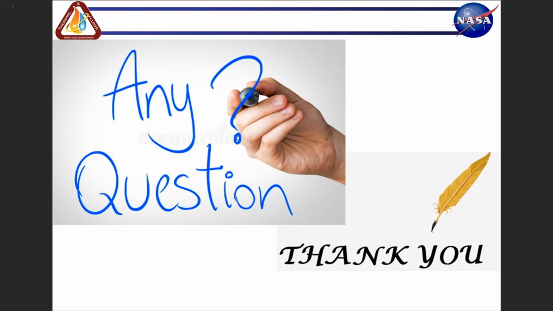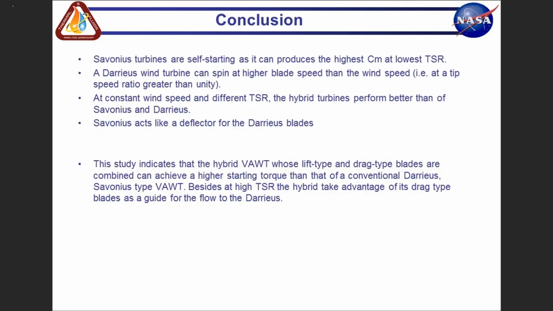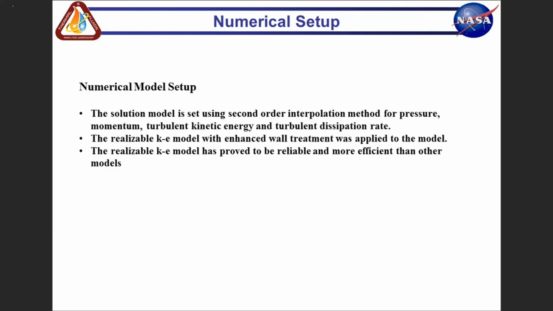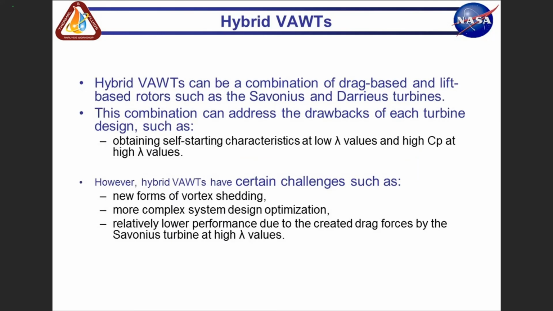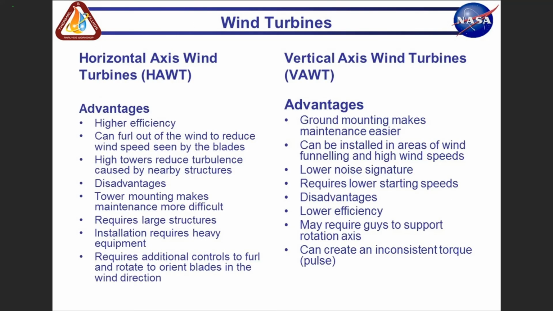I see you listed some advantages and disadvantages of the vertical axis wind turbine. I'm wondering, it has lower efficiency, but can you get more vertical axis turbines in a square footage in an area than horizontal axis turbines?